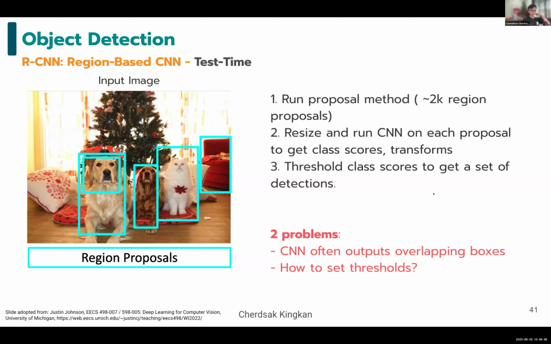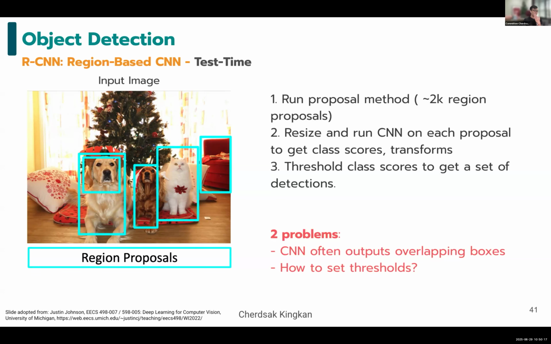So the problem is that, for example, for these golden retriever dogs, there are two boxes over here. CNN models can probably correctly predict that these two boxes belong to the dog category, which means that these two boxes overlap.